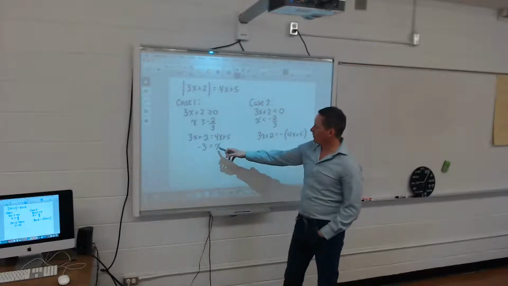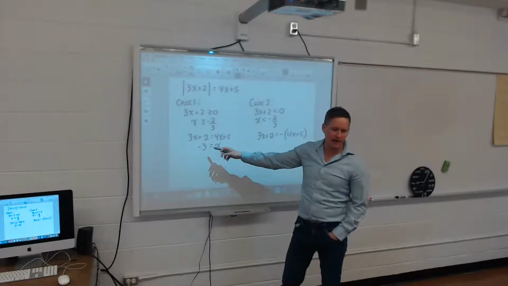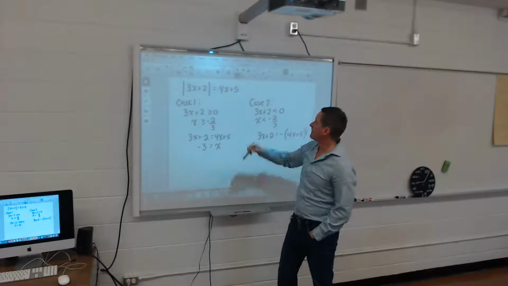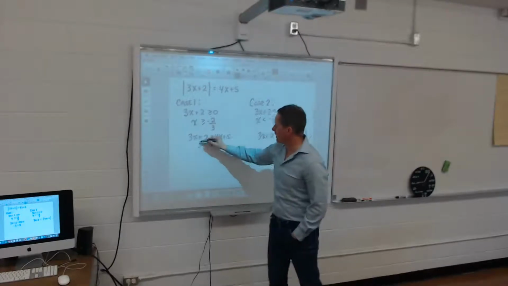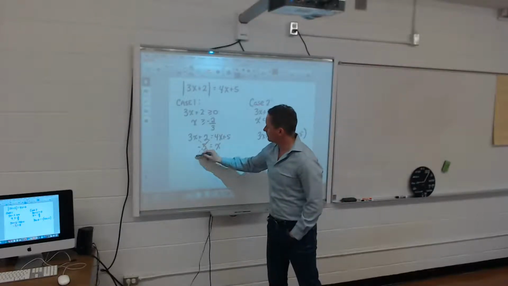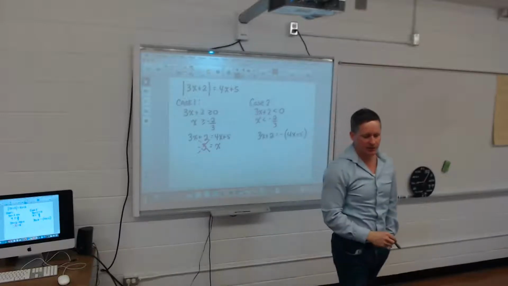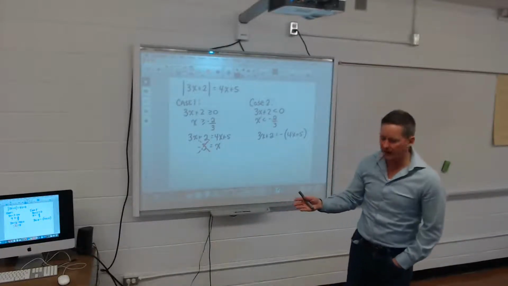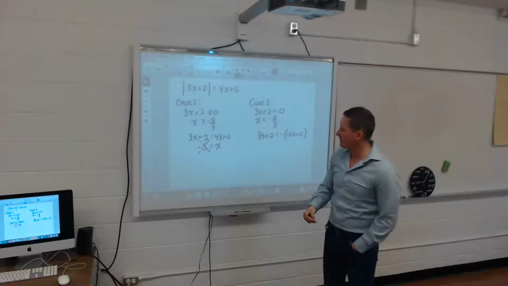If x is equal to negative 3 here, is negative 3 greater than negative 2/3? The answer is no, it's not. So it can't work. That's what we consider an extraneous root. So I check it for the positive and the negative, and then I cross it out if it doesn't work.